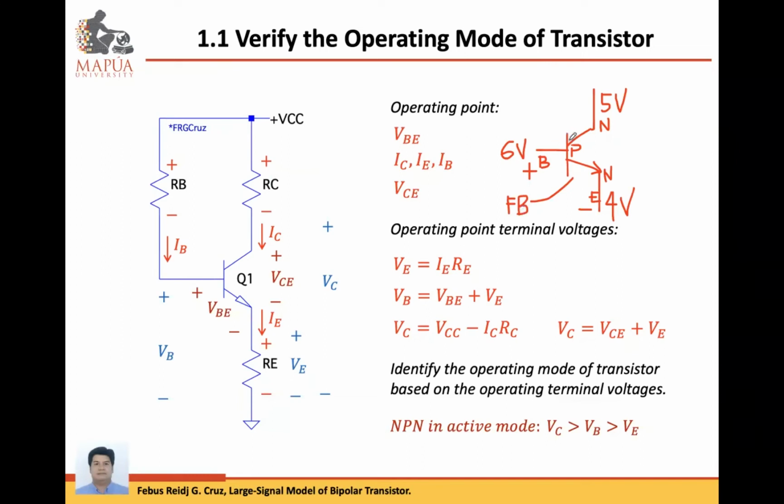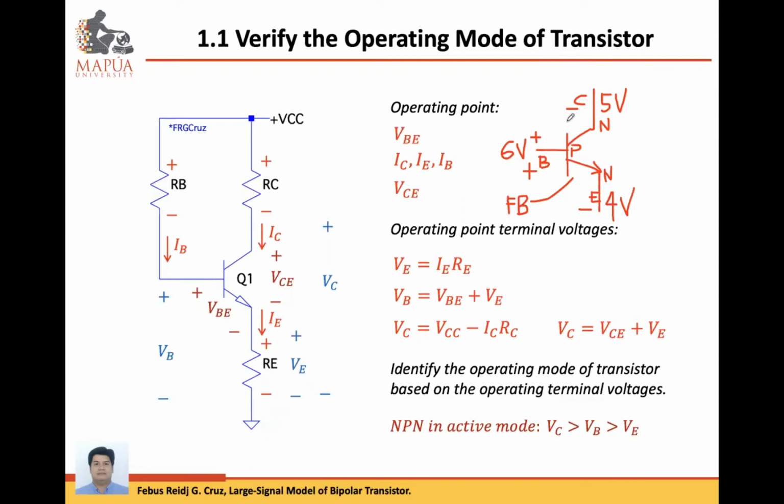All right, thank you. While for the base and collector junction, again, base is higher voltage compared to the collector. All right, so the polarity would be plus on the base, negative on the collector. So that means negative connected on the N-type, positive on the P-type.